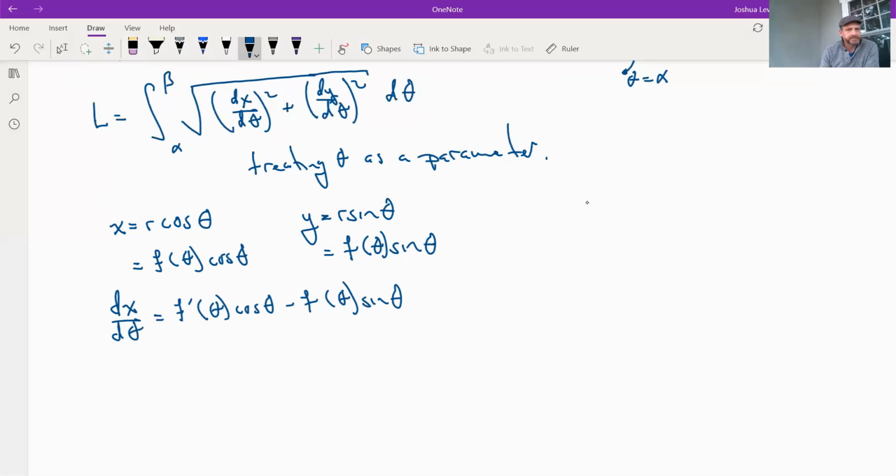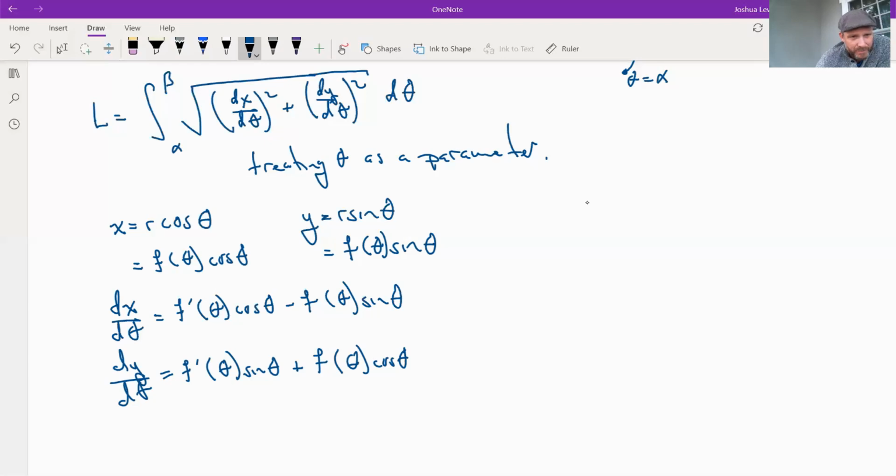And then dy/d theta, right? We can evaluate that as well. We know that dy/d theta would be f prime of theta sine theta plus f of theta cosine theta.